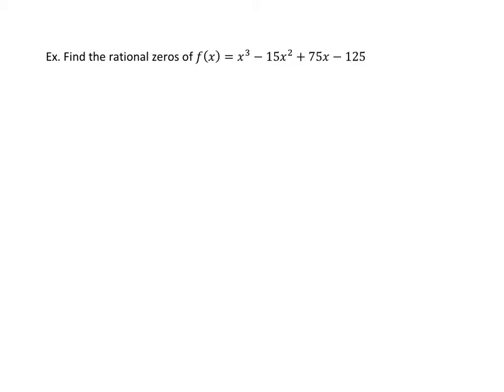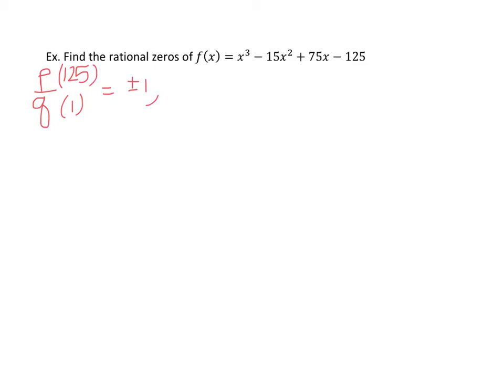Let's start with our rational root test, our p over q. Okay, for this time I'm looking at factors of 125 over factors of 1. So again, nothing else to divide by. Factors of 125, we're going to start with 1. It's not even, so it's not 2.